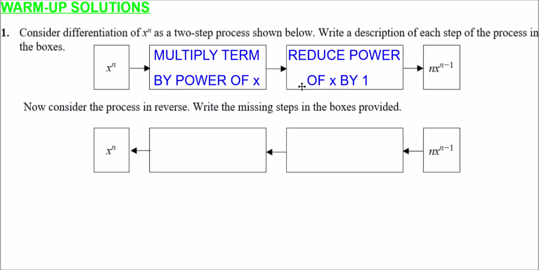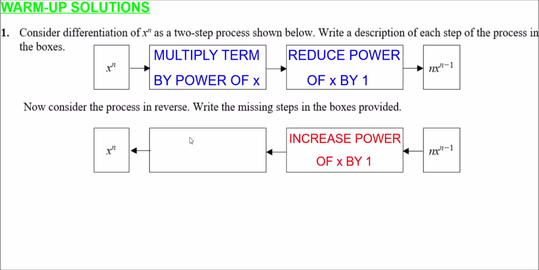So we consider it as 2 steps here. First of all, multiplying the term by the power of x, then reducing that power of x, or the variable, by 1. Imagine this as a function machine, like you may have seen at GCSE, for example in solving equations. We can then undo it by reversing each step in the reverse order. So if we were to take this function which we differentiated and undo it, which is what integration is, the opposite of reducing the power of x by 1 would be to increase the power of x by 1.